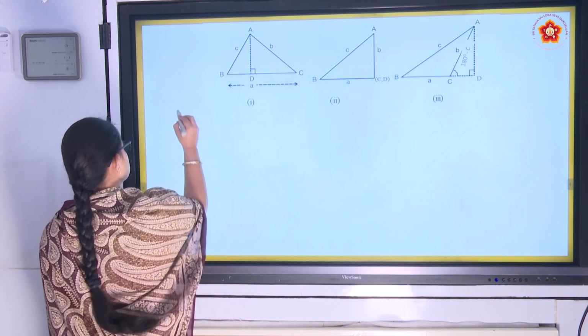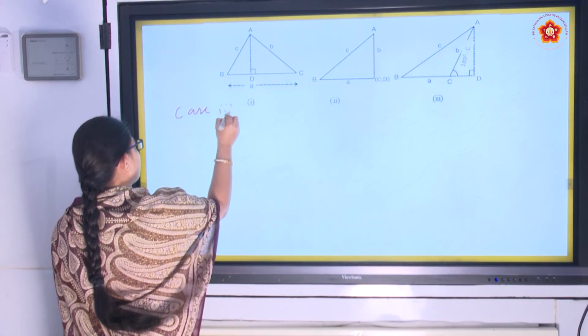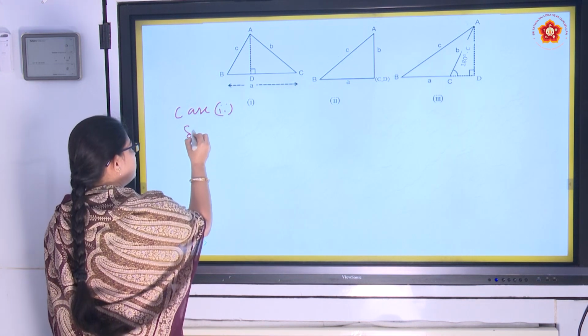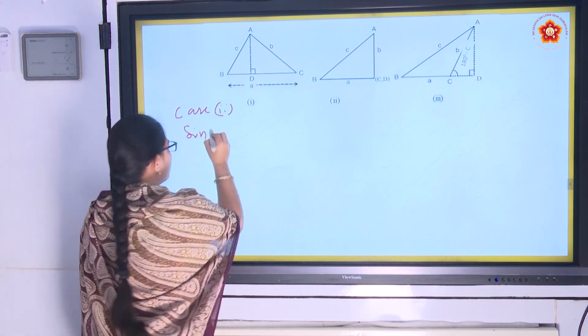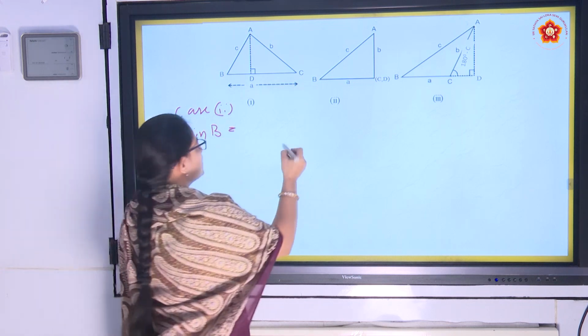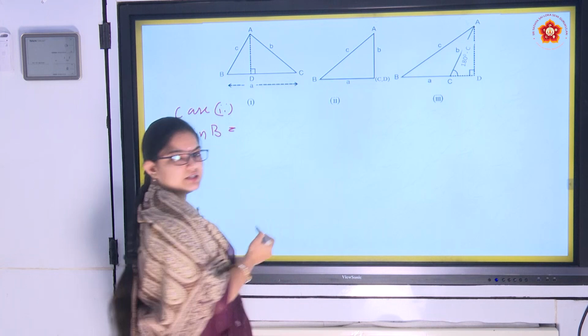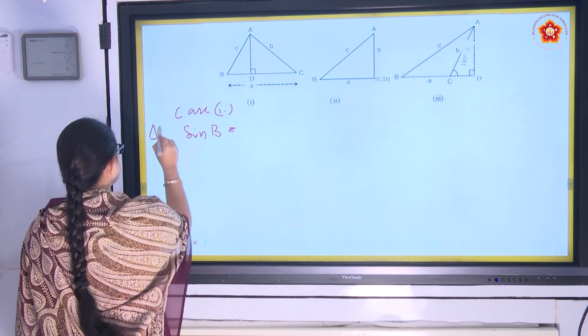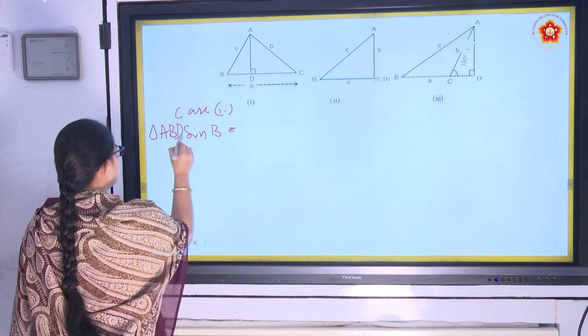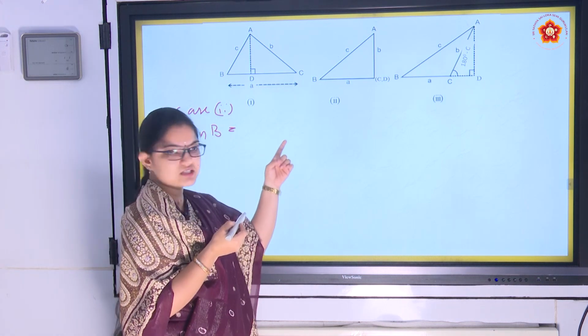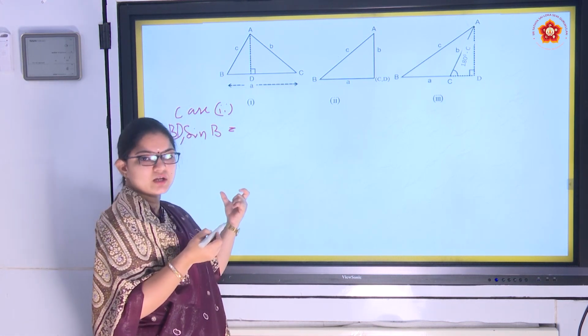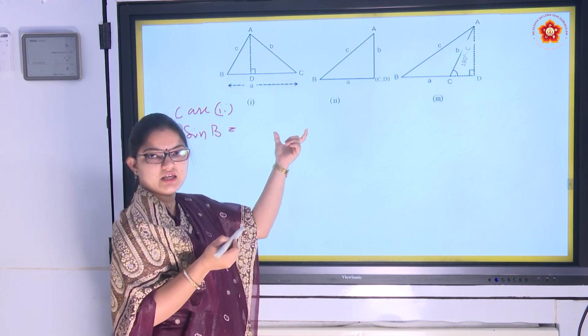So in the second case, that is case 2, we need to find what is sin B and what is sin C. So what is sin B in the second case? So we have to consider the triangle ABD. You can consider ABC also, but to get the similar equation, we are taking the triangle ABD.